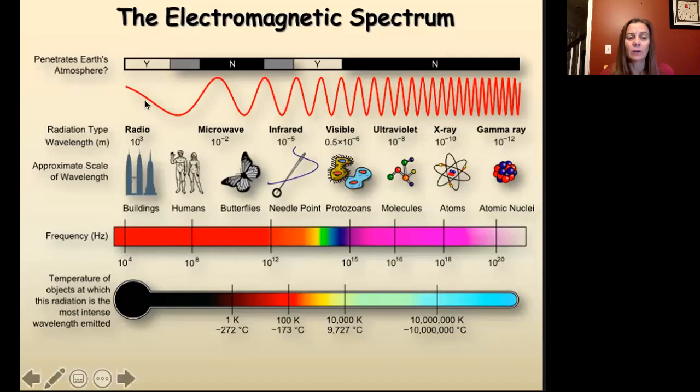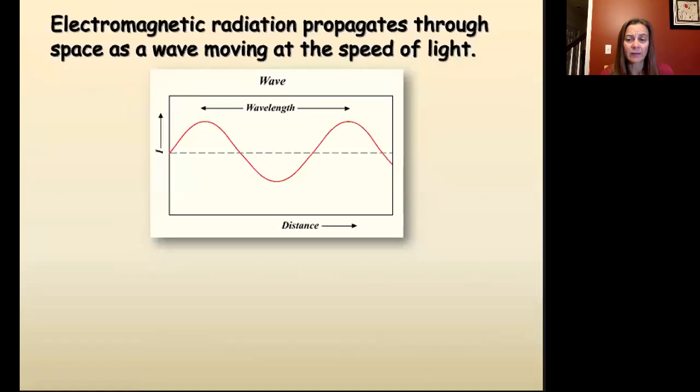It goes all the way down to really large waves in the radio frequency, to somewhat larger waves in the microwave frequency, all the way up to tiny, tiny waves in the gamma ray frequency. And the frequency that we can see is here in the middle where we have visible light. So as I said, electromagnetic radiation is waves propagating through space, moving at the speed of light.